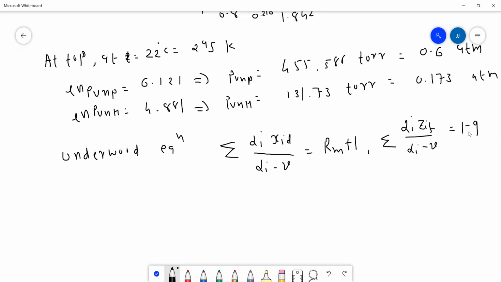So in this equation we also require q. Let's determine the value of q.